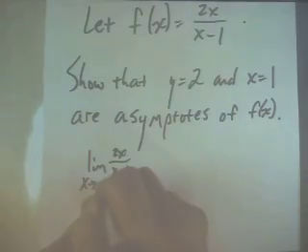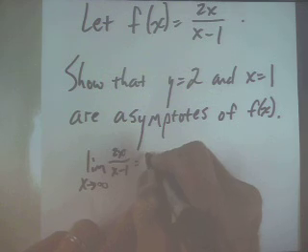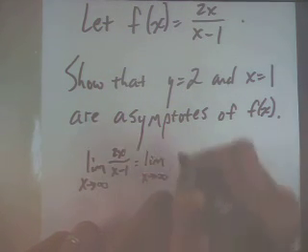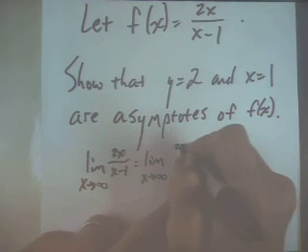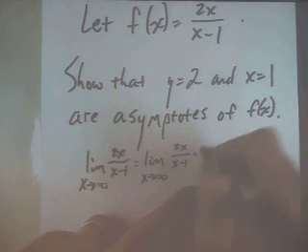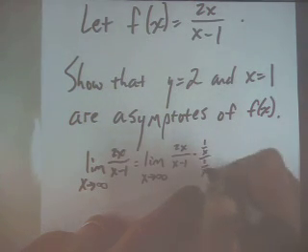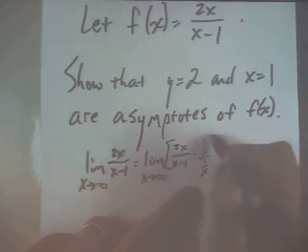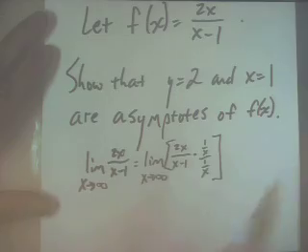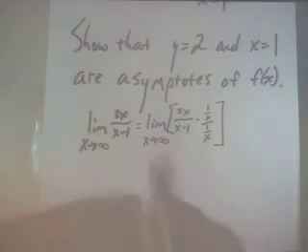So let's look at positive infinity. This limit is equal to the limit of, we're going to multiply our argument by a judicious form of 1. We're going to multiply by 1 over x divided by 1 over x. So this is an expression that equals 1, so it shouldn't change the value of our argument in our limit.